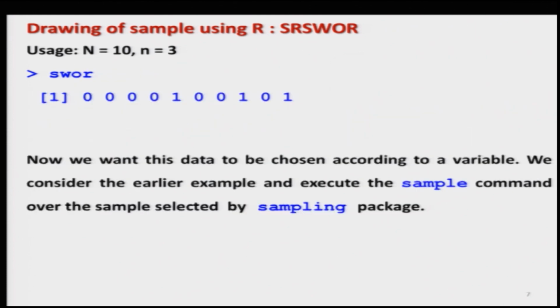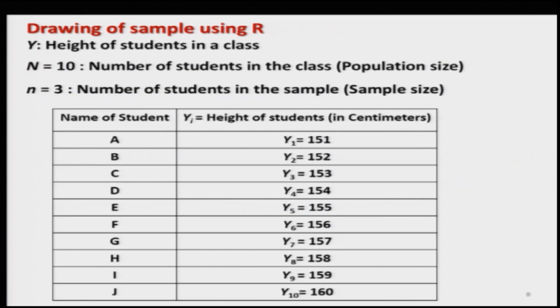Now this data that we saw in the example of SRSWR has been chosen according to variables 1 to 10, but now we would like to execute it on the example that we considered earlier, and then choose the sample according to the variable name.